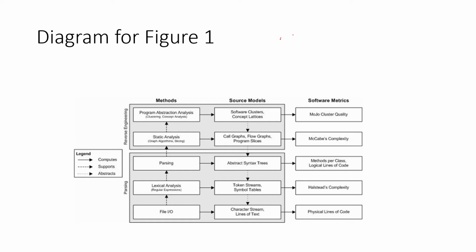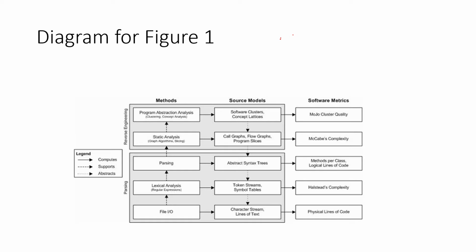This is the combination of reverse engineering analysis, and it mostly uses program abstraction analysis, static analysis, parsing and file analysis. And source models are software clustering, call graphs and flow graphs, program size, abstract syntax trees, token streams, symbol tables, character streams, and lines of text.